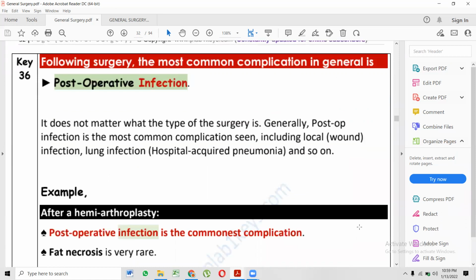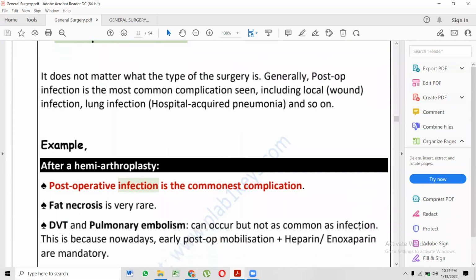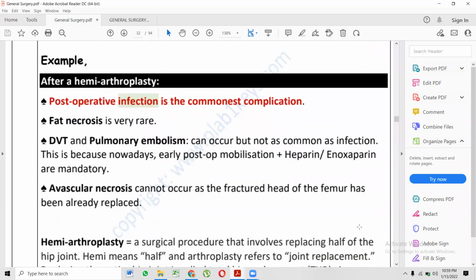Even after hemiarthroplasty. What is hemiarthroplasty? Hemiarthroplasty is partial replacement of the hip joint. Even after hemiarthroplasty, infection is the most common complication. Not fat necrosis, not DVT, not avascular necrosis.